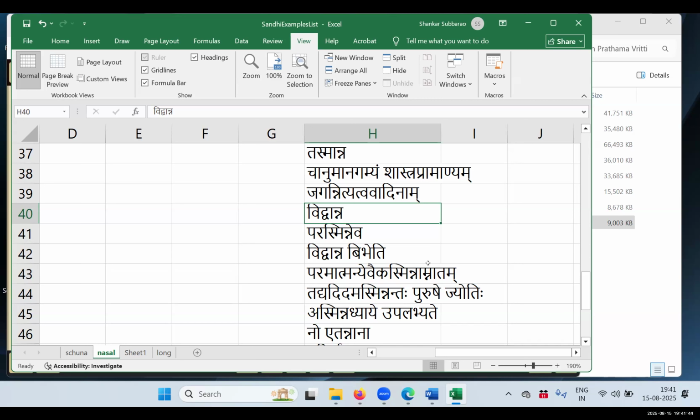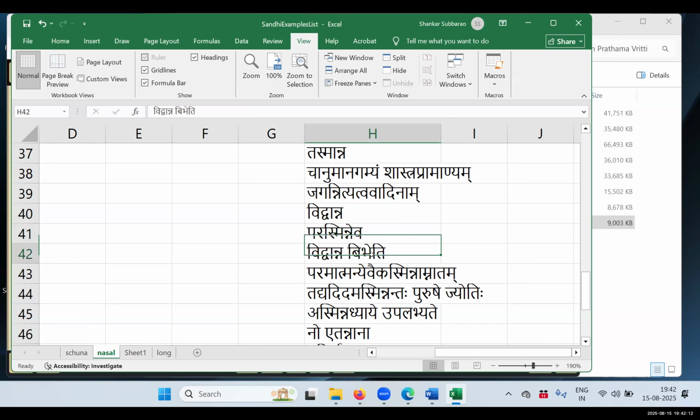So you think before you try to split. May not be a split at all. Parasmin neva. What is happening here? Yes, Aruna. Harsha. I think that is ngamutagama. Therefore, what's the split? It is parasmin eva. Good.